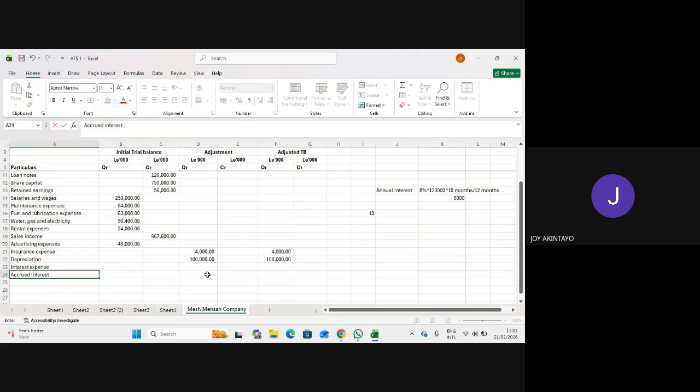So we debit our 8,000 naira here, then we credit our accrued interest with 8,000 naira.